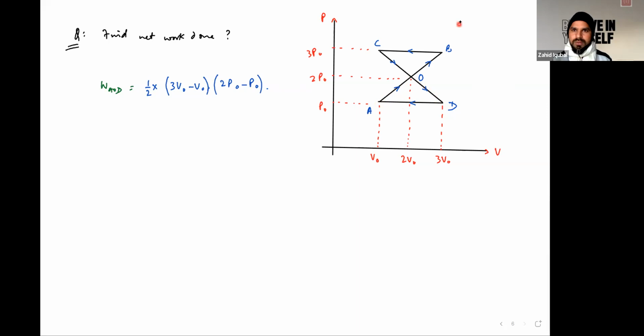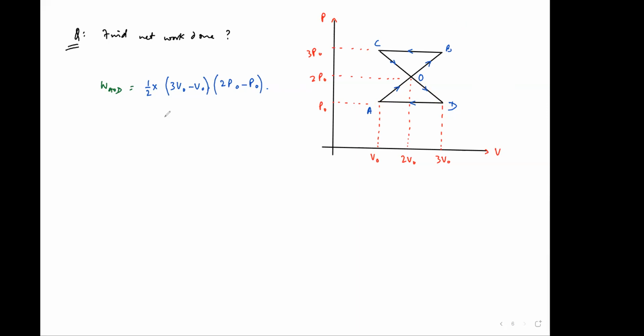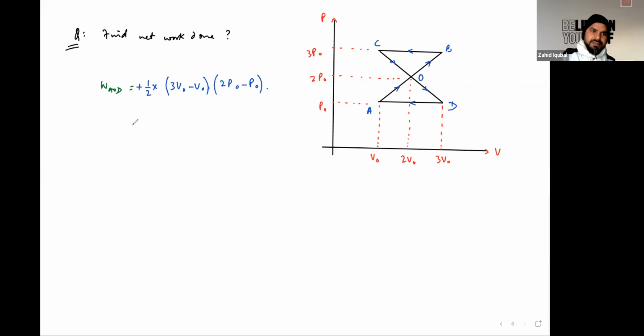And work done along clockwise is taken as positive or negative? Negative. Oh, sorry, positive. So it will be termed as positive. Just simplify it. Half, 3 minus 1, it will be 2 times of V naught. And 2P minus P, it will be just P naught. So 2 and 2 will cancel out. So you're left with just P naught V naught. Is it clear?